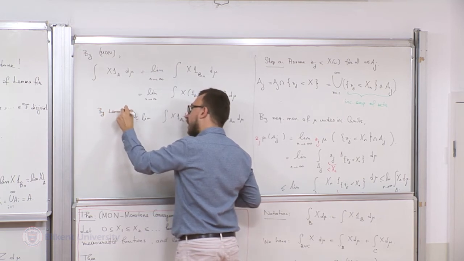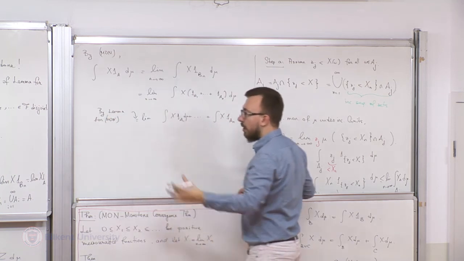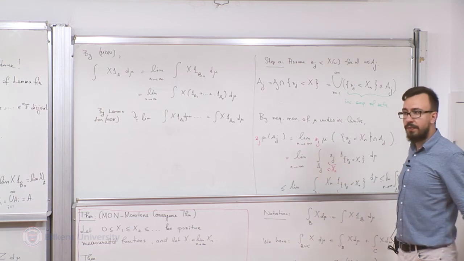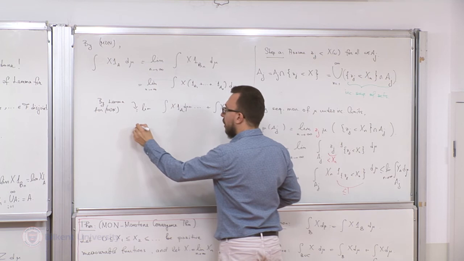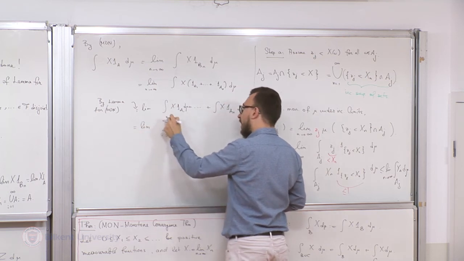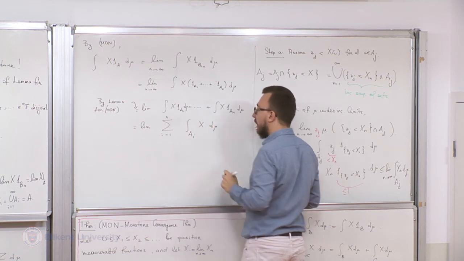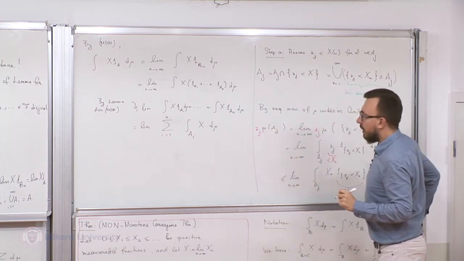lemma for Mon. So we're trying to prove the infinite version of it, so we need to use the finite version of it. Now, what is it? This is the limit of the sum from 1 to n of integrals of x d mu over Ai, A1, A2, A3, An.